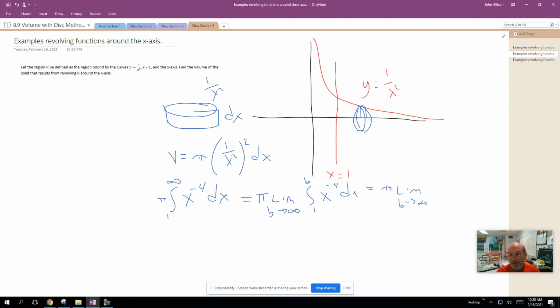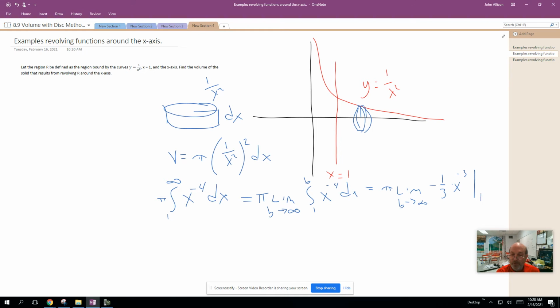So that's going to equal pi times the limit as b goes to infinity of, this is going to give me, we add 1 to the exponent, divide by the new exponent, so negative 1/3 x to the negative 3.